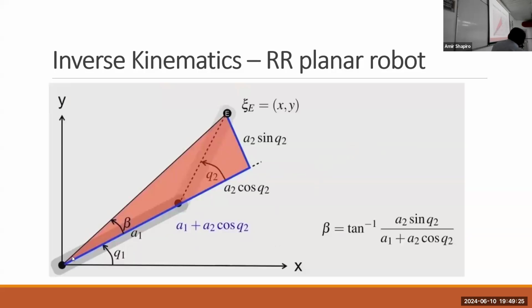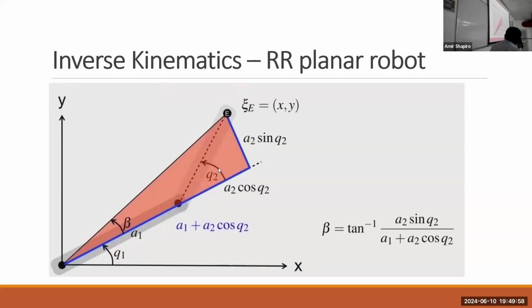And now we look at beta, which is another angle, and we look at the red triangle here. In the red triangle, we already have Q2. So this part is A2 cosine Q2. We have A2, this is A2.